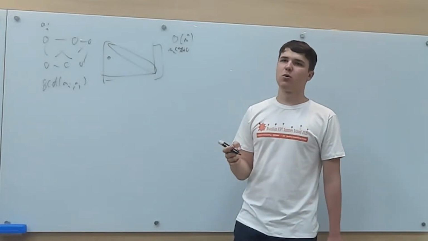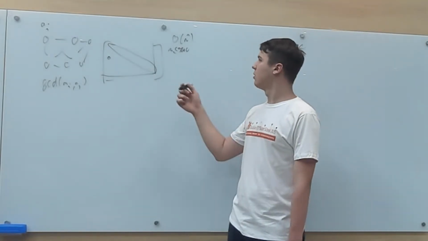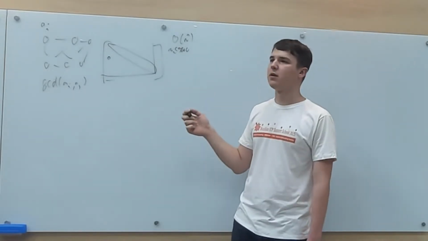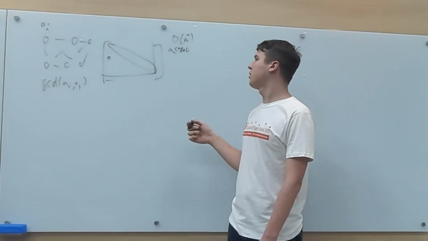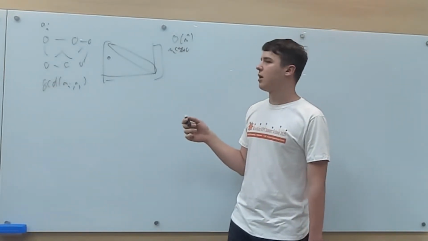Okay, so instead of calculating the determinant, we'll think about calculating the characteristic polynomial of that matrix, because the determinant is the constant coefficient of the characteristic polynomial.